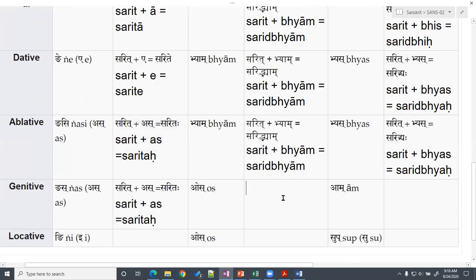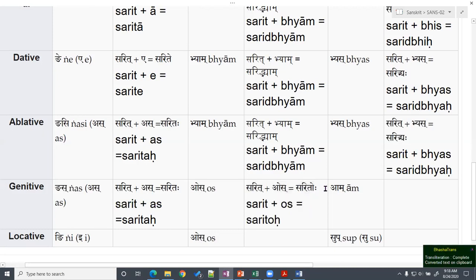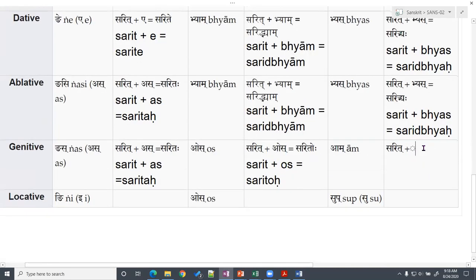Os: here sarit plus os becomes saritoho. The sakara will change into visarga. And here, sarit plus am, you just add them up, saritam.